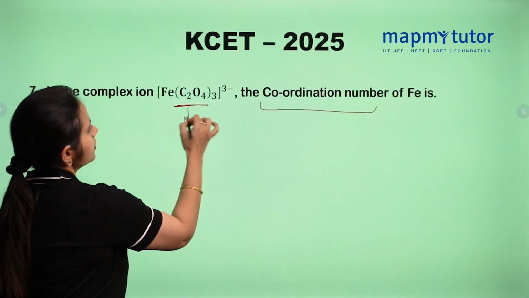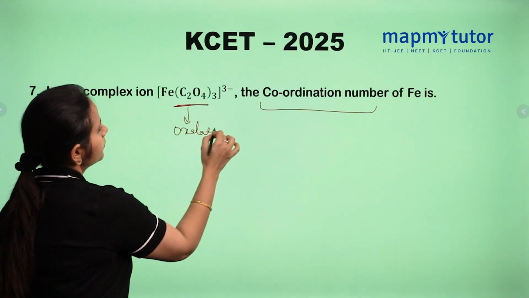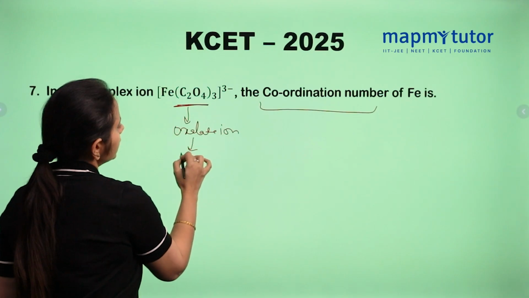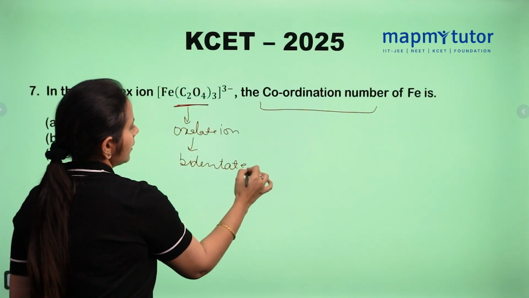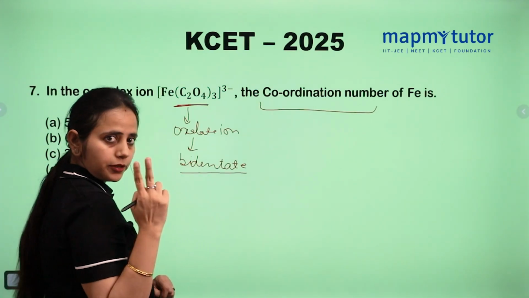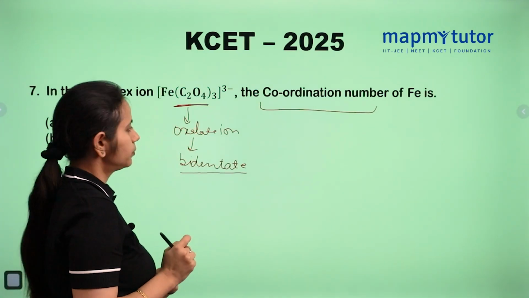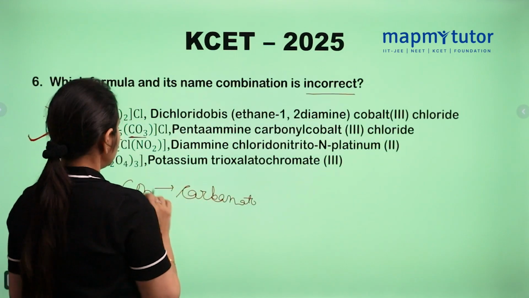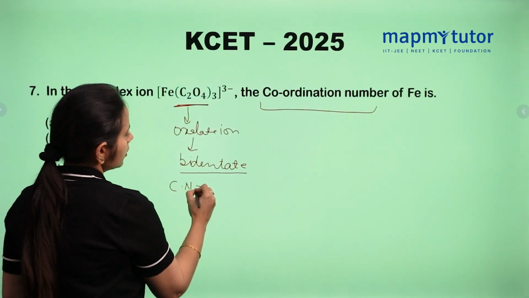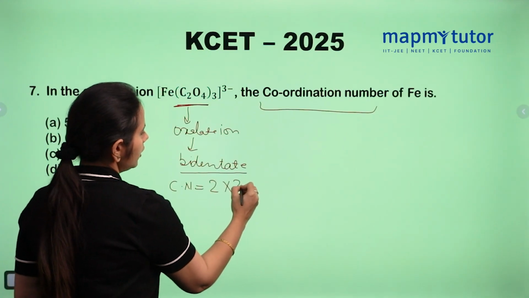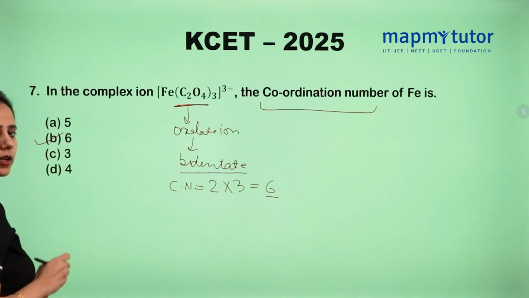Now we know this oxalato group, oxalate, is bidentate in nature, and for bidentate we consider two sites linked with the metal atom. There are 3 in number, so the coordination number will be 2 into 3, that is 6. So the answer will be 6, and D is the right answer.